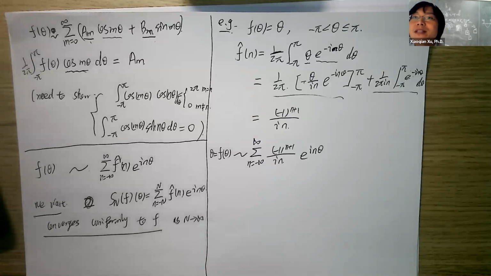Then the coefficient is uniquely determined by your function. So the only thing you need to check is whether this uniquely determined coefficient makes your series converge or not. If it converges, then we close this circle. Otherwise, we might be in trouble.